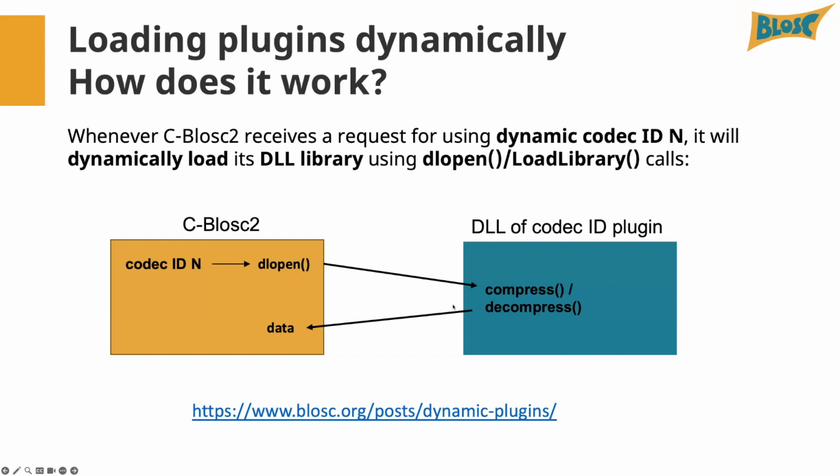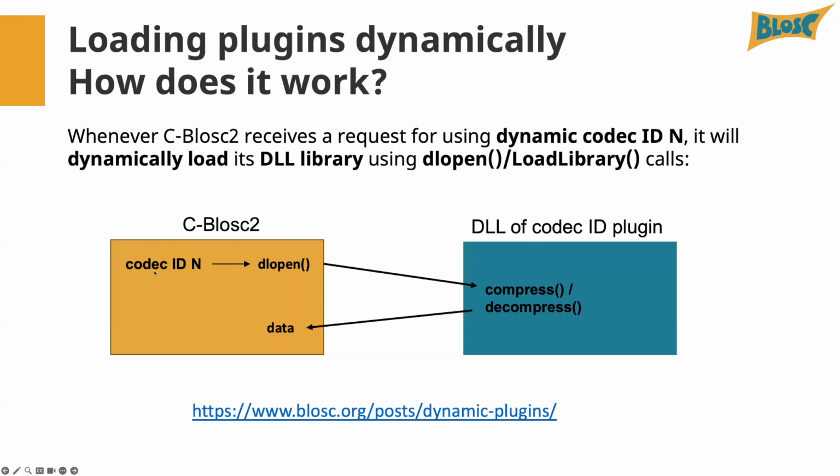Okay, excellent. No problem. As I was saying, we already implemented support for dynamic plugins. How does it work? Essentially we have the C block on the left: the Blosc2 library, which is written in C, of course. Blosc supports different codecs and also different filters.